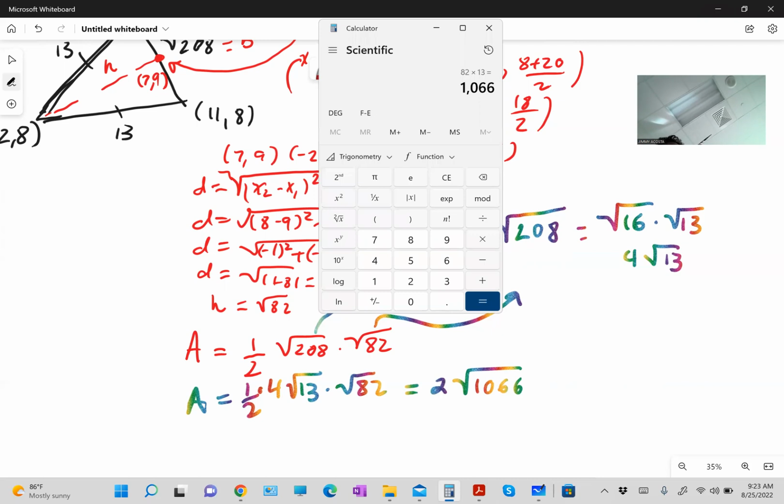And then you want to make 1,066 look prettier. So I'm going to divide that by 16 just because I feel like it. It doesn't work. 1,066 divided by 4, neither. Put it in your calculator. I don't feel like going through this trouble right now. Does it make it look pretty? Does 1,066 just stay ugly like that?